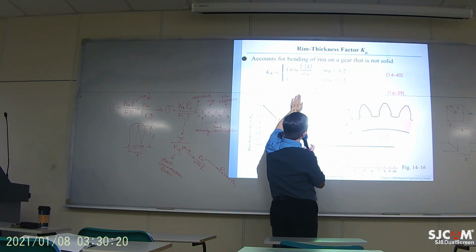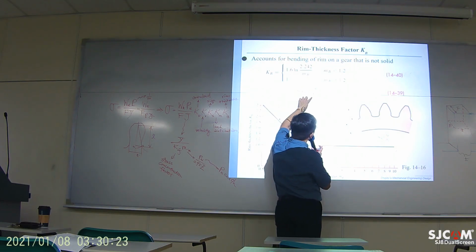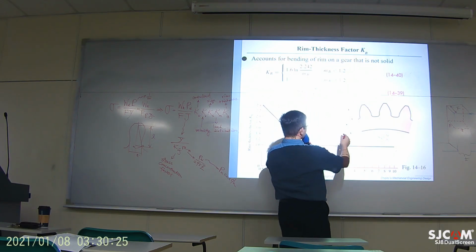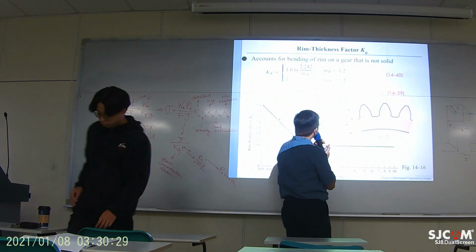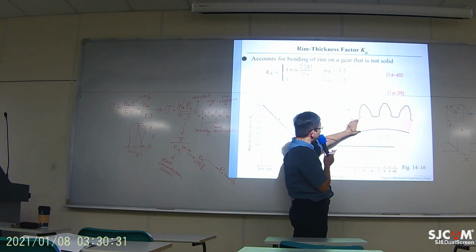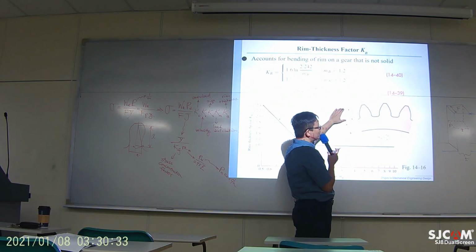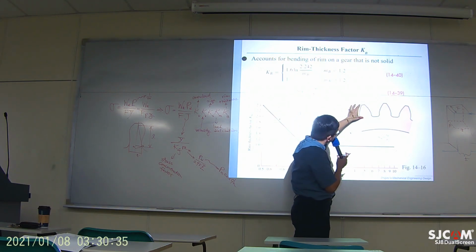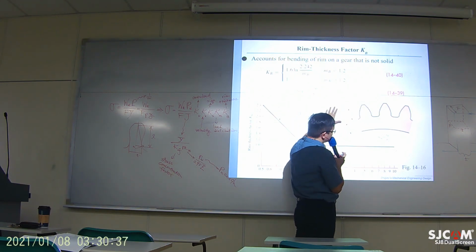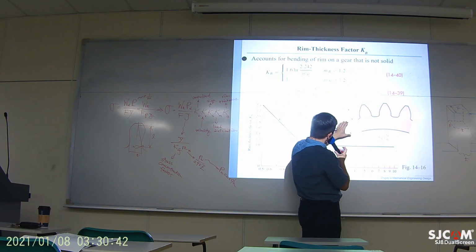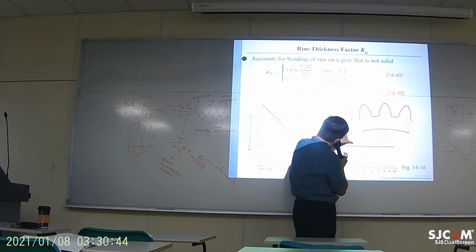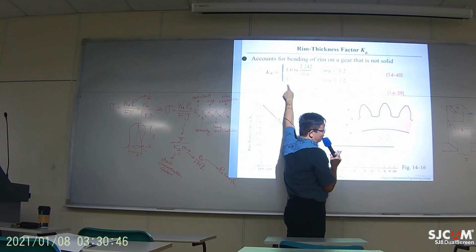MB is the ratio of TR over HT, so TR is here, HT is here. So the ratio of the body part over the thickness, it's like the length of the tooth. So if this is larger than 1.2, so if this part is large enough, then you don't need to worry.